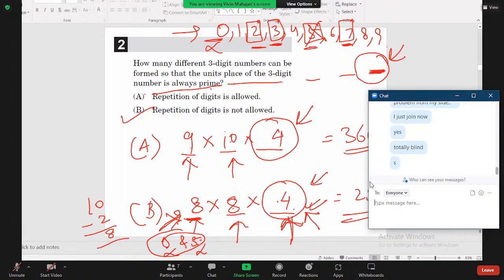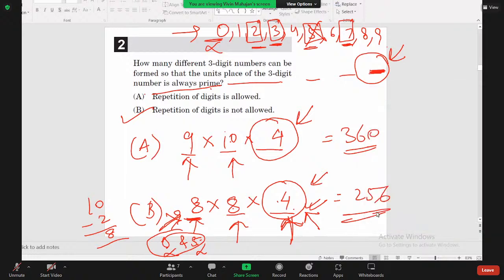Clear about the idea? Great. Quickly note down the idea and then we'll move on.